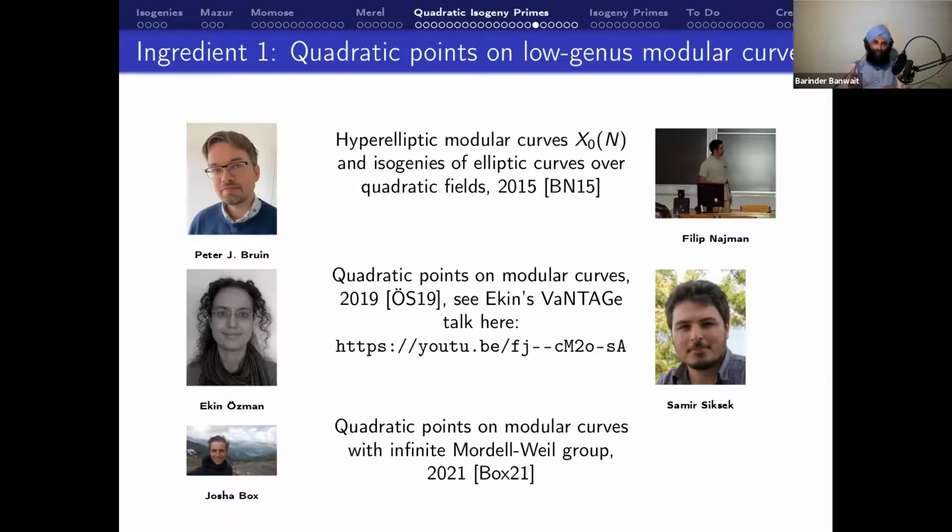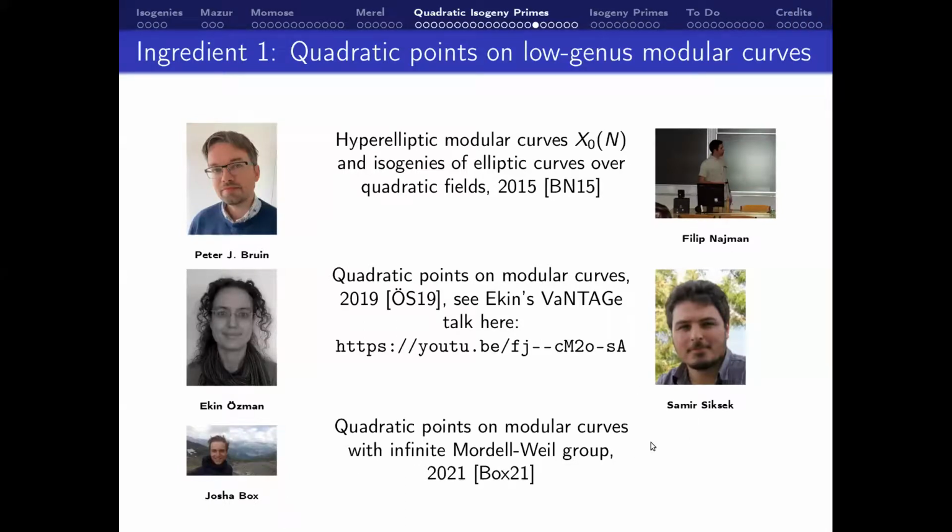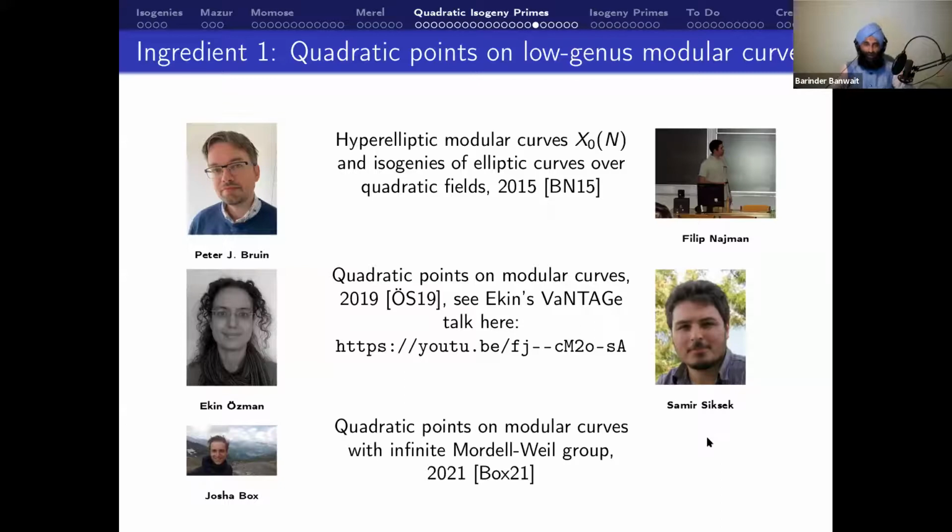So Ekin spoke about this in her VaNTAGE talk 3 weeks ago, and you can watch that at this YouTube link. And then most recently, Yosha Box, who was Samer's student at Warwick, he's finished now, dealt with these genus 3, 4, 5 cases, also in the case where the Jacobian has positive rank. So this is a major ingredient that is required to go from the superset to the set itself.